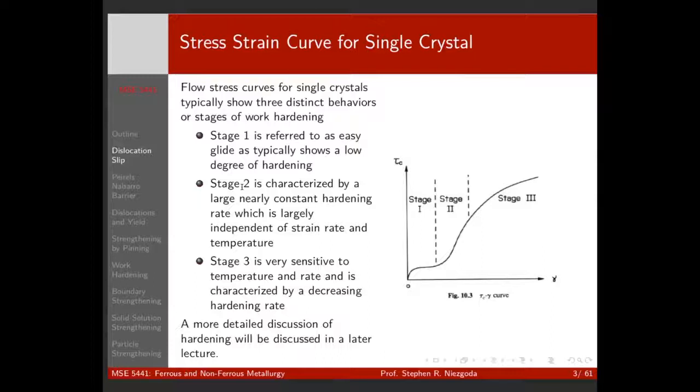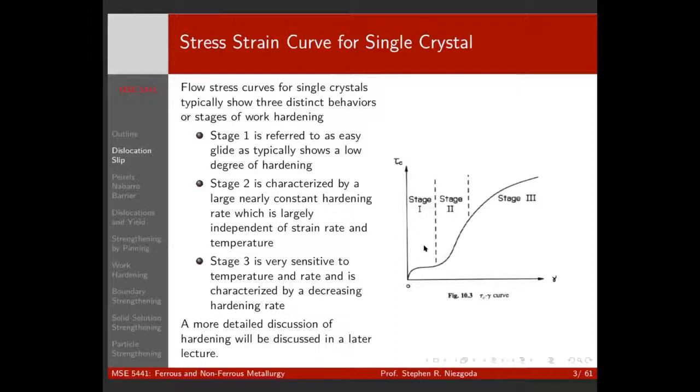Stage 2 hardening, where we have a rapid degree of work hardening. And then stage 3, where we have a decreasing hardening rate. And we'll talk about this a couple times throughout the next week or so.